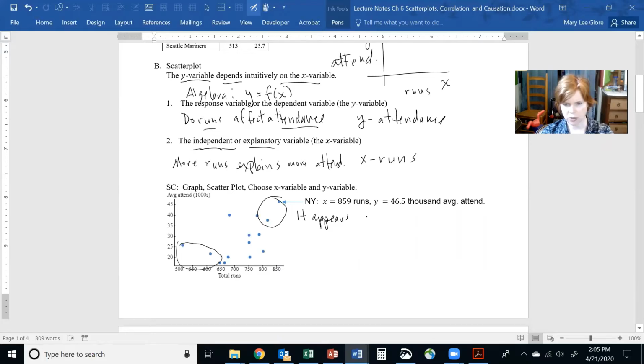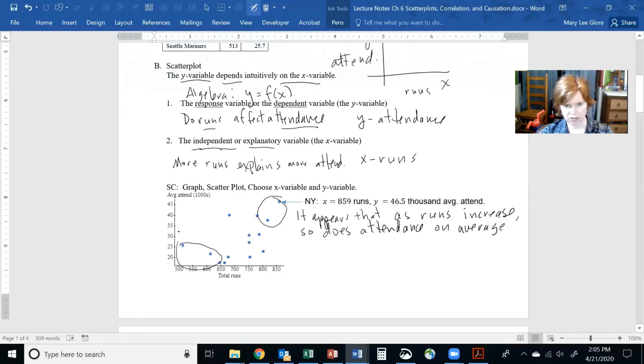So it kind of appears that as runs increase, so does attendance. And then we're talking about on average. So not every point is going to fit that idea.